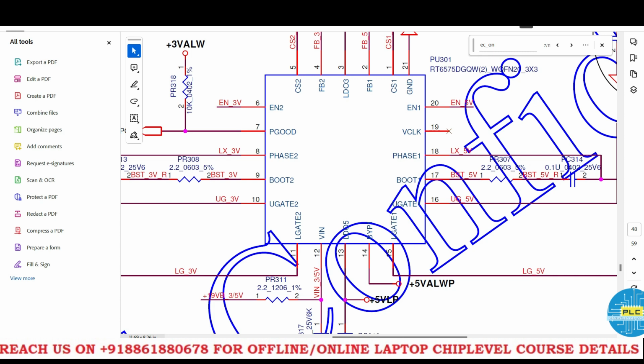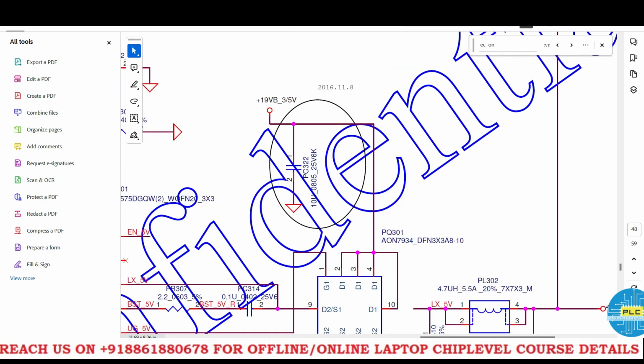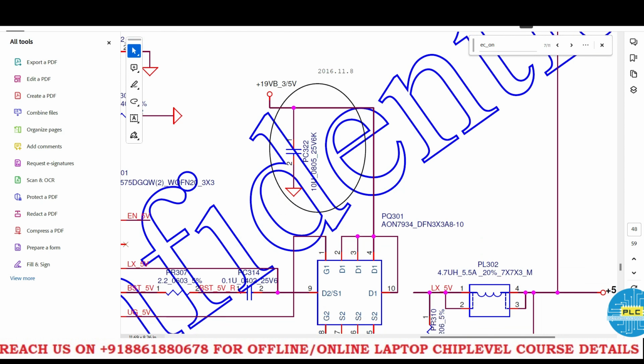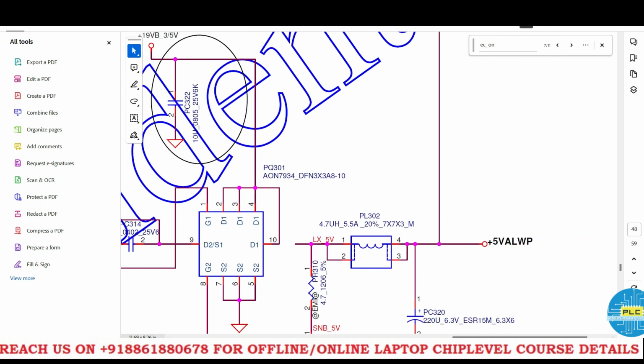See, once enable starts, internally boot 1 will start. Okay, this is the driver for the upper and lower gate pins. Once this starts, it will give the supply to the upper and lower gates. Then here is the dual MOSFET, high-low MOSFETs. Once 19 volts comes to the drain of the higher MOSFET, the function will start. So phase will generate and 5 volts VALP will generate.